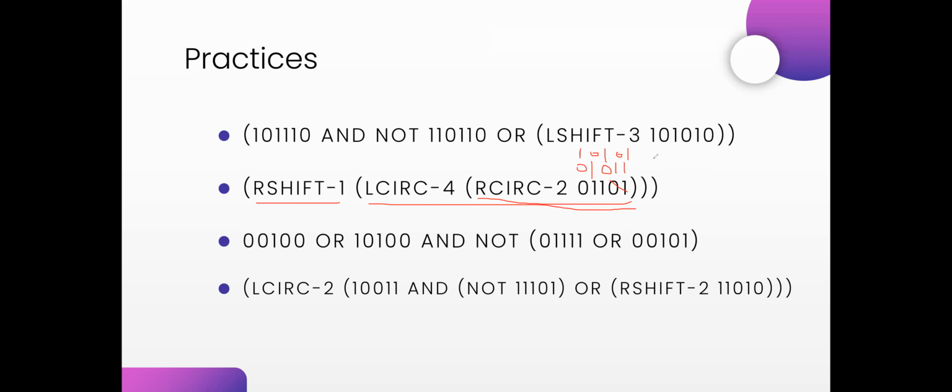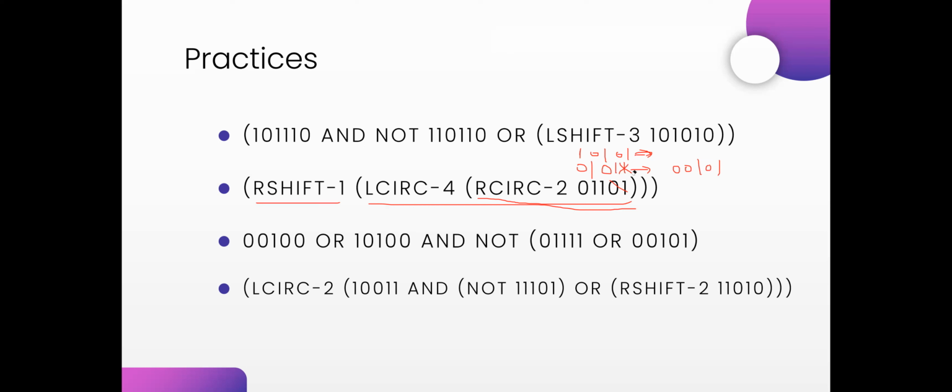Right shift by 1 is simple. Right shift by 1 will fill a 0 at the beginning and remove the last digit. So this is the result. Am I right? Should I work on this or this? I forgot. Maybe I should work on this, right? Yeah.